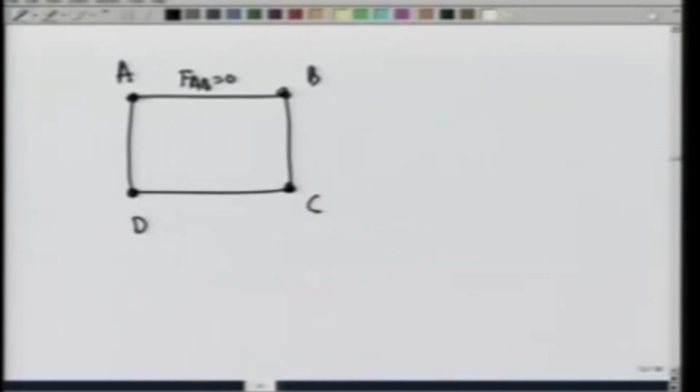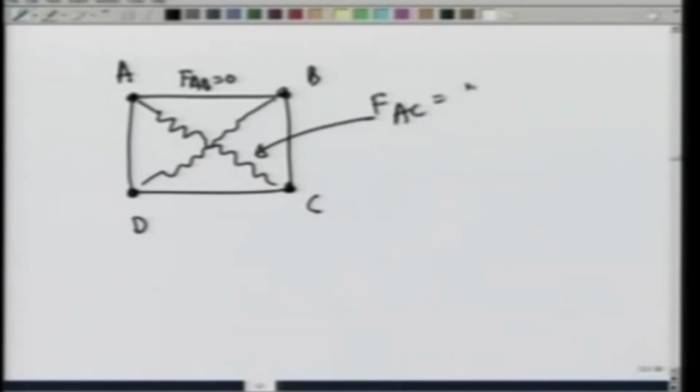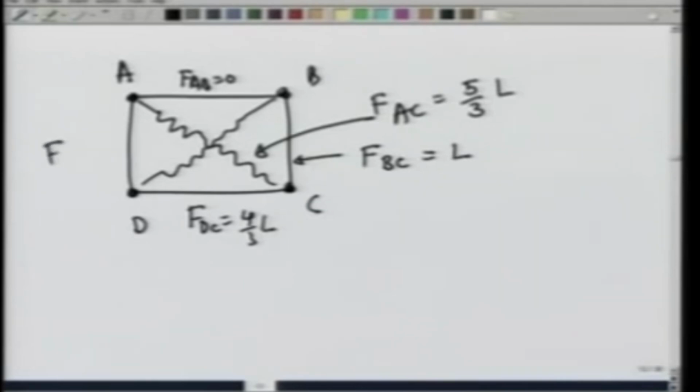So, what we have found on this frame, A, B, C, D: F_AB is 0, F_AC is 5/3 L, F_DC is 4/3 L, F_BC is equal to L, F_AD is equal to 0, and F_DB is equal to 0.